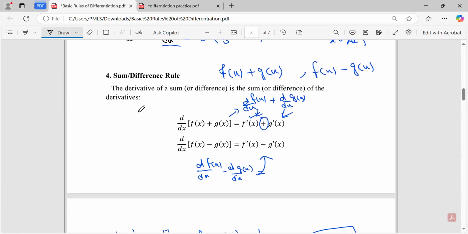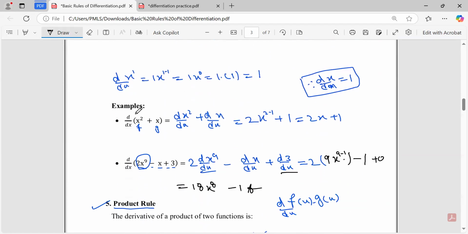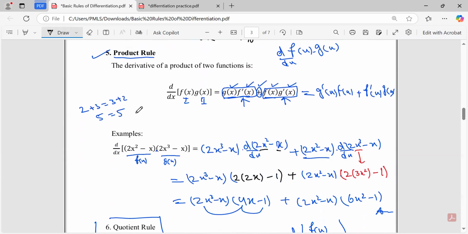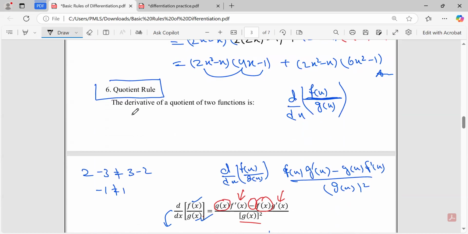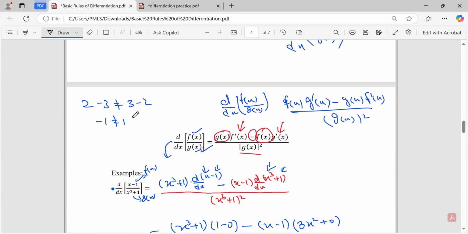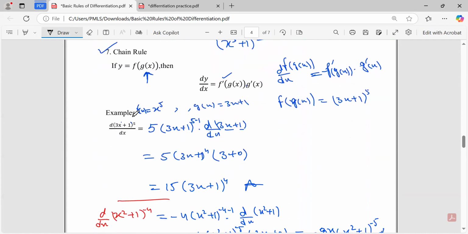After that, we discussed the sum and difference rule, how to find the derivative of a sum or difference of functions. Then the product rule, how we find the derivative when two functions occur in a product form. Then the quotient rule, when two functions are given in a quotient form. And the chain rule, when functions are in a composition form.